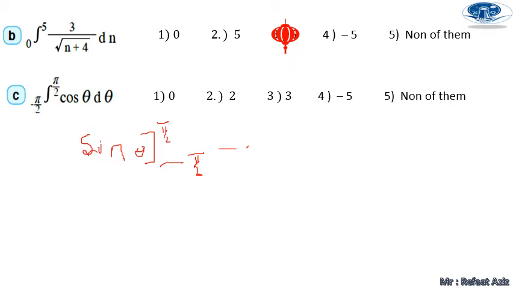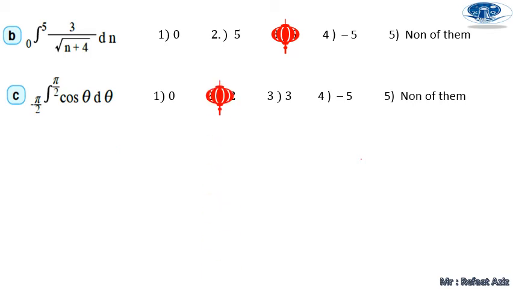It will be sine 90 minus sine negative 90. Sine 90 equals 1, sine negative 90 equals negative 1, then 1 minus negative 1 will be 2. Very good.